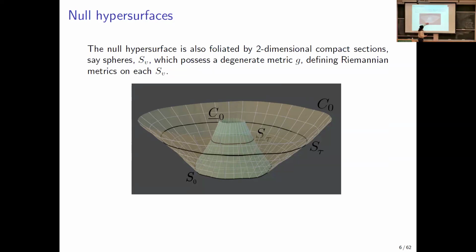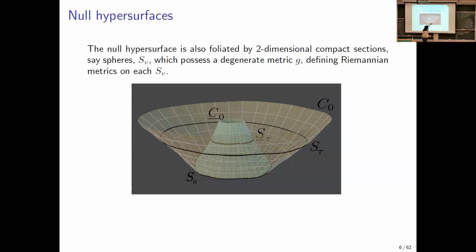Now, if you consider just the outgoing null hypersurface for a second, what you can do is start with S0, and then flow S0 along the outgoing hypersurface. That flow can give you other sections, like this one here. And similarly, you can flow S0 in the incoming direction and get other sections in the incoming hypersurface. So a null hypersurface is generated by these null generators.